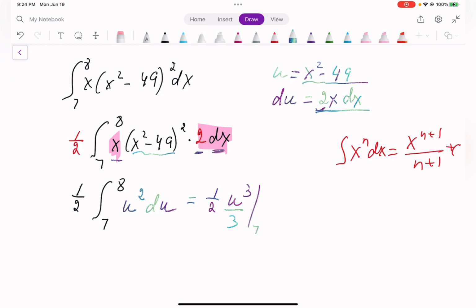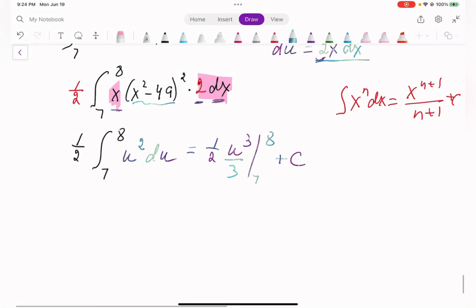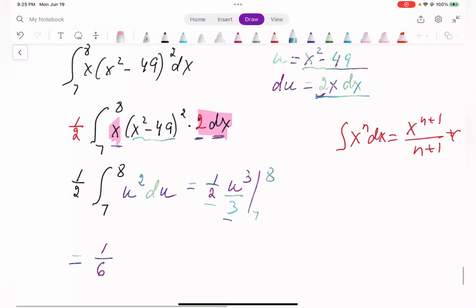It's going to be the interval 7 and 8, and plus c. So from here, actually we are not going to put c because we have an interval where we are going to integrate. This is going to be 1/2 and 3, it's 1 over 6. And our u was x squared minus 49, cubed, and this is going to be between 7 and 8.